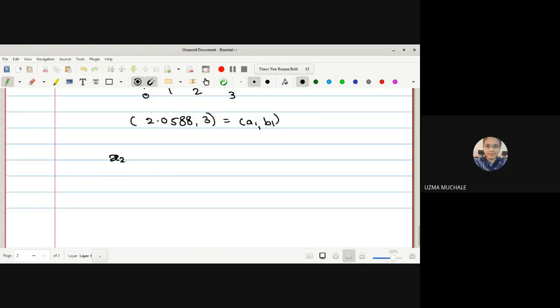Now we have to find the value of x2, which is equal to a1 f of b1 minus b1 f of a1, divided by f of b1 minus f of a1. All the values you know, tell me the value of x2 directly.